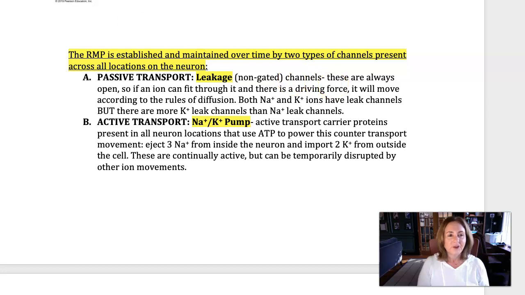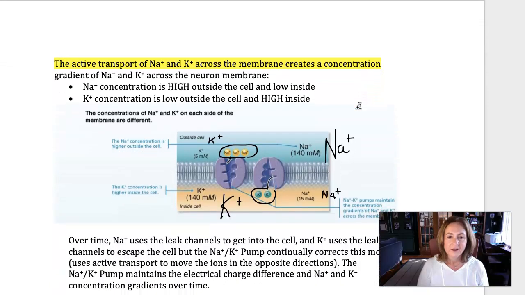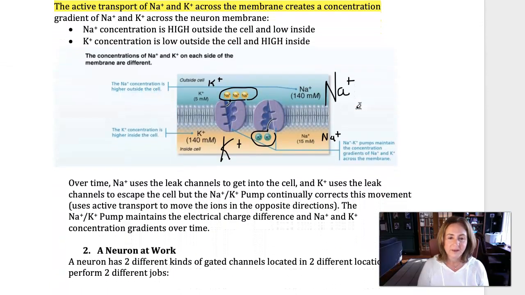Now, across the cell, there are also leak channels. So these leak channels are always open. Okay, so they're always open, and there are both sodium and potassium leak channels. There's more potassium leak channels than sodium leak channels, so potassium is more permeable to cross the cell, but both of these ions can cross the cell. So just taking a look at this picture again, what does that mean?